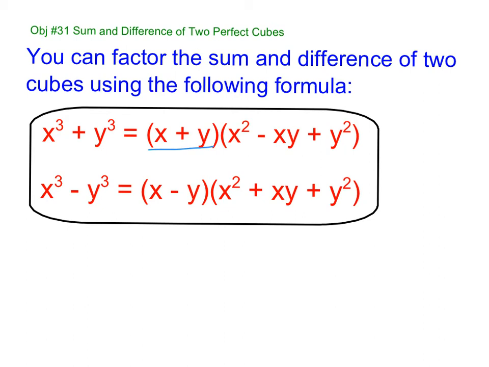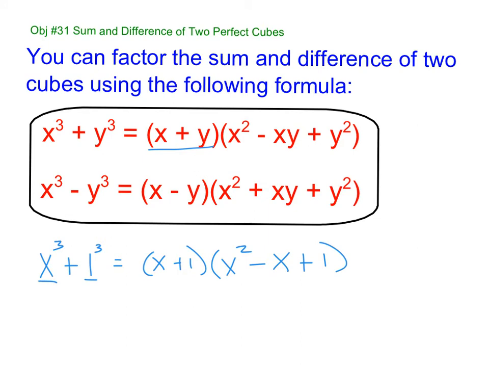For example, if I had x cubed plus, say, 1, 1 is just 1 to the third. It would be x plus 1, and then x squared minus, we take those two and multiply them, 1x, plus 1 squared is 1, and that would be it. So you have to figure out what's being raised to the third power, and then plug into the formula.